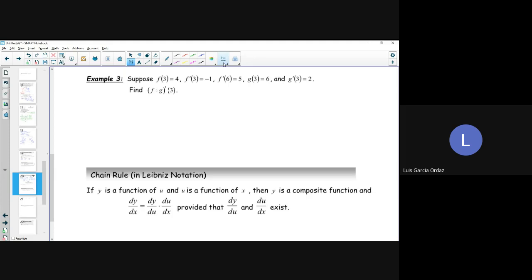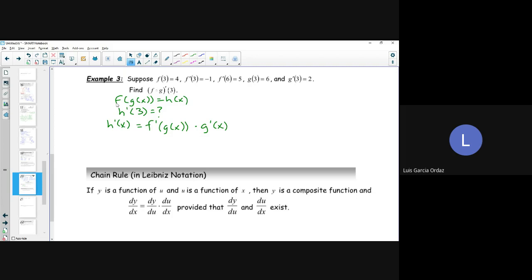We know that f of g of x gives us h of x. What this question is telling us is to find the value of the derivative of h when x is equal to 3. Based off the chain rule, the derivative of h of x is equal to the derivative of f at g of x, times the derivative of g of x.